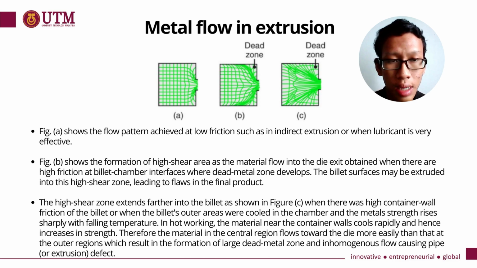Therefore, the material in the center region flows toward the die more easily than the outer regions, which results in the formation of a large dead metal zone and inhomogeneous flow, causing pipe or extrusion defects, which can be seen from figure C.